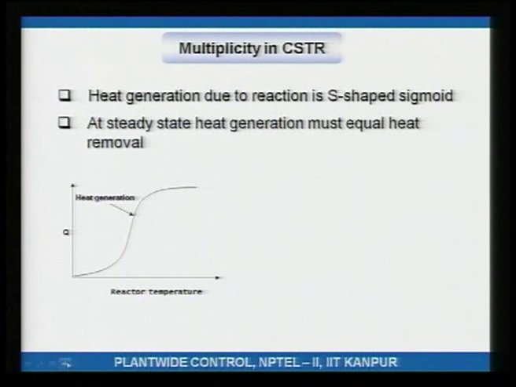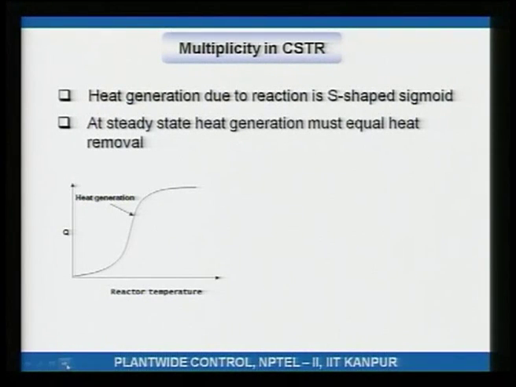I think we discussed this. If you look at the reactor temperature and the generation of heat due to reaction, for an exothermic reaction the generation curve is an S shaped curve. For heat transfer, let us say it is a jacketed CSTR, the jacket is at temperature Tc and the reactor is at temperature T, then the heat transferred across the walls would be UA(T minus Tc), and that would be a linear curve.